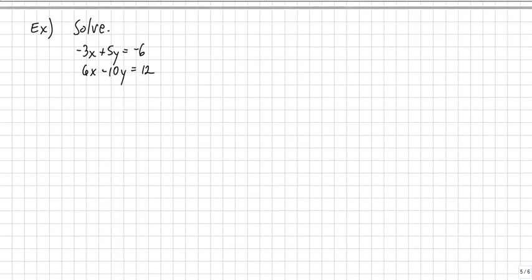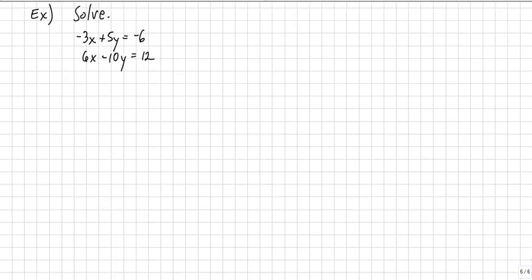All right, let's solve this one. So this next one, we've got negative 3x plus 5y equals negative 6, and 6x minus 10y equals 12. So they're both in standard form. I'm going to solve this one using elimination. So I'm going to multiply the top equation by 2, and I'm going to leave the bottom equation alone.